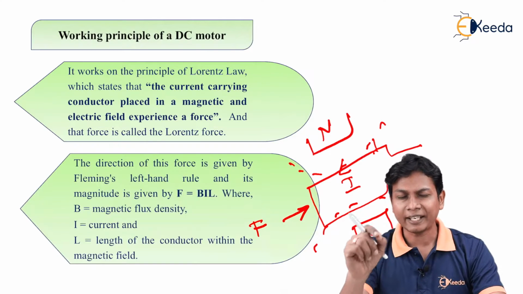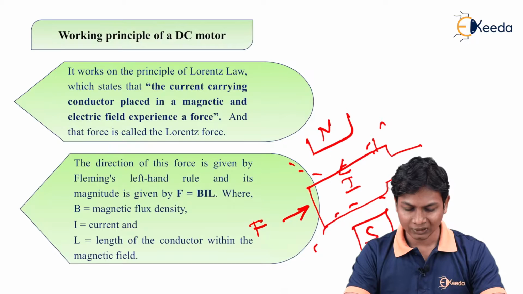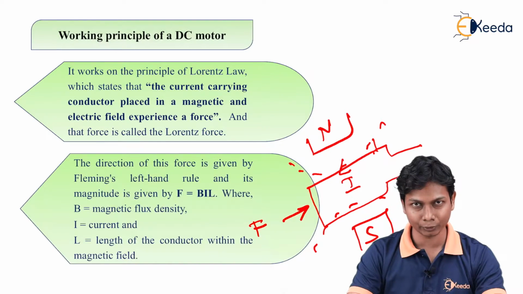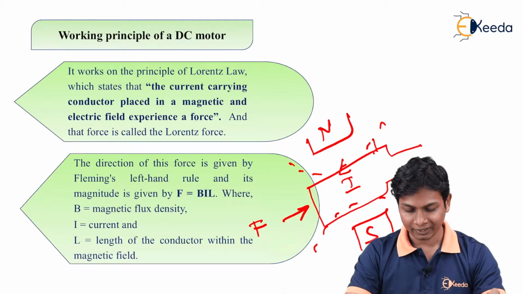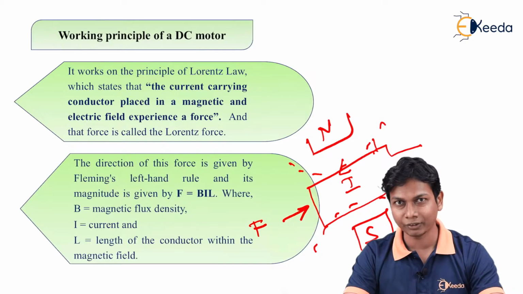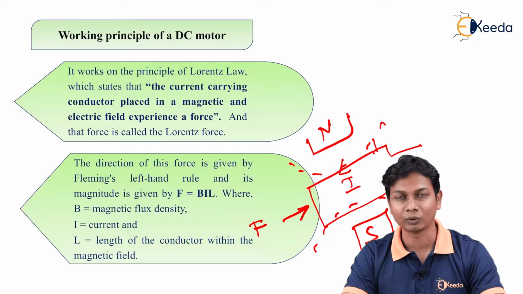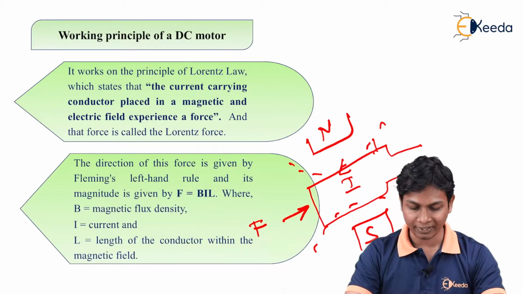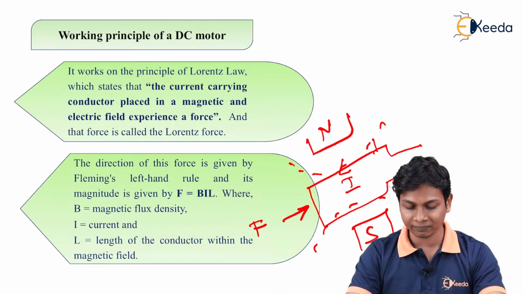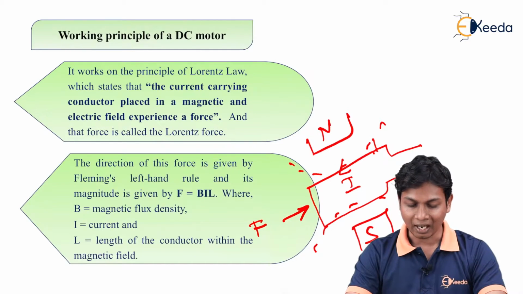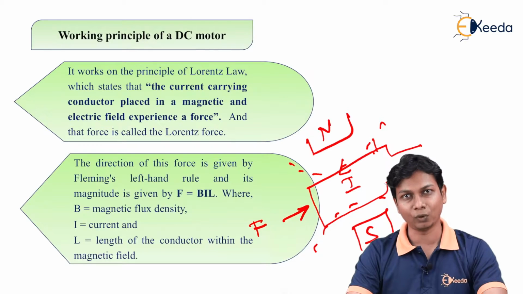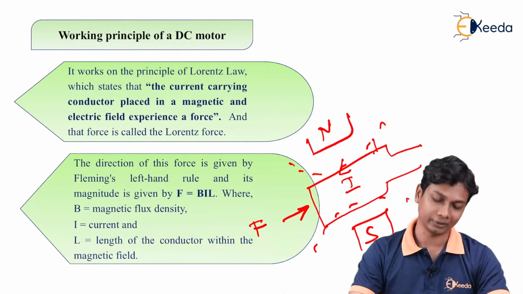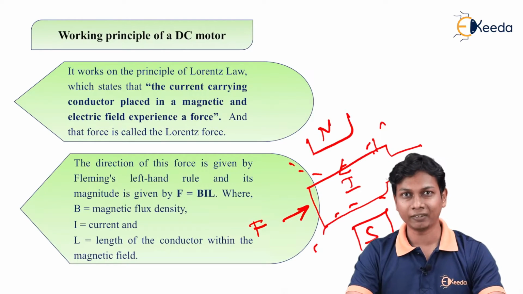For the calculation of this force, we have another rule, that is Fleming's left-hand rule. So F is calculated by Fleming's left-hand rule. The equation of the force is F equals BIL, where B is the magnetic flux density, I is the current which is flowing through the conductor, and L is the length of the conductor within the magnetic field.